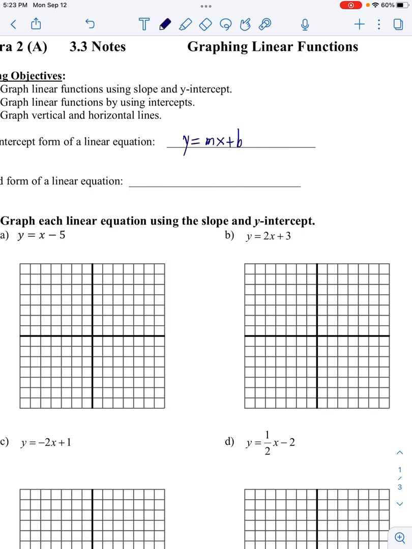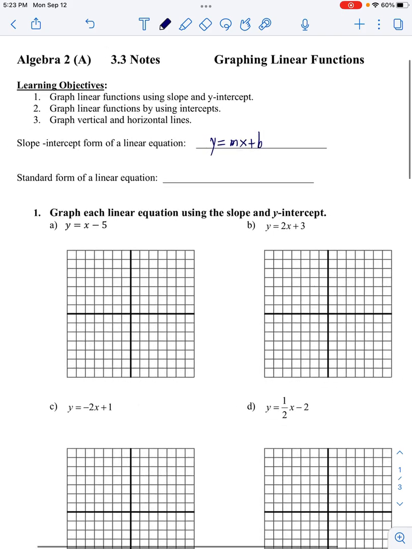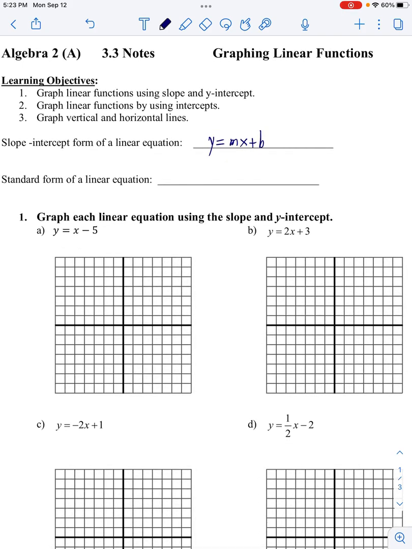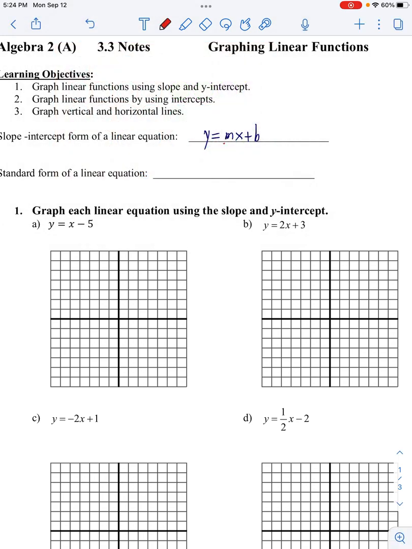Now let's talk about why it's called slope-intercept form. The slope, where does the slope part come from? This number m that's right next to x. It's a letter here, but it just stands for a general number. Y equals mx plus b. Let's give our m a little red underline.